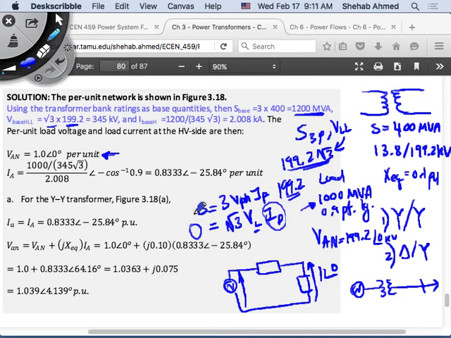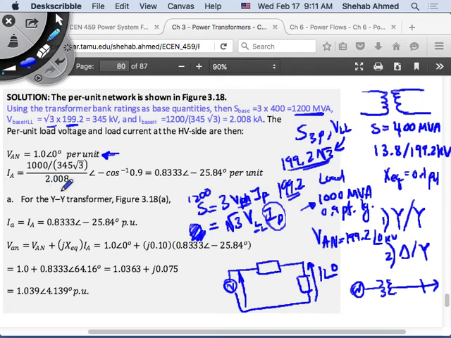S here will use the 1200 if I'm going to keep the 3. So S 1200 is equal to 3 times V phase base, which is 199.2, and then I can calculate the current. Or I use S, which is 1200, equal to square root of 3 times my line-to-line voltage base, which in this case is 199.2 multiplied by square root of 3, and I calculate my current.